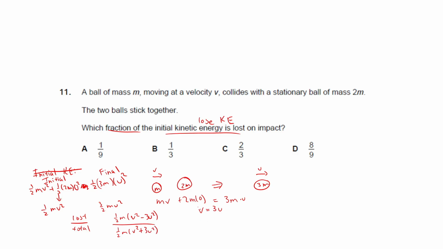And we can square these two. V squared is equal to 9u squared. These cancel out, and we're left with 9u squared minus 3u squared over 12u squared.